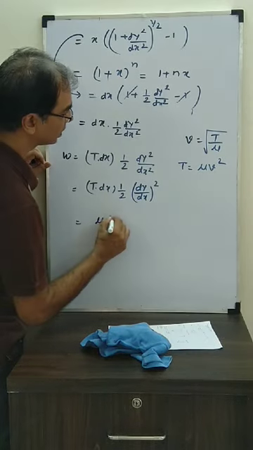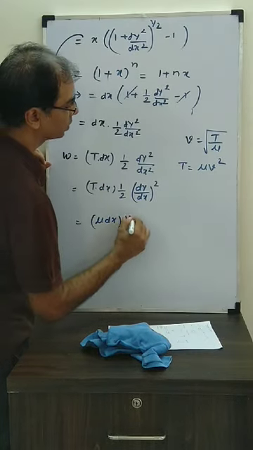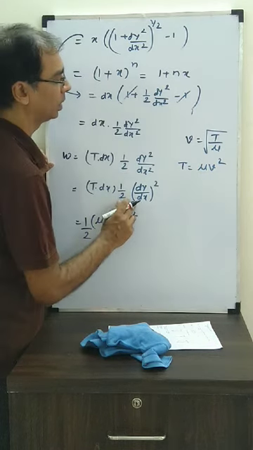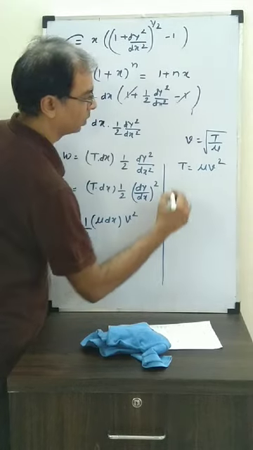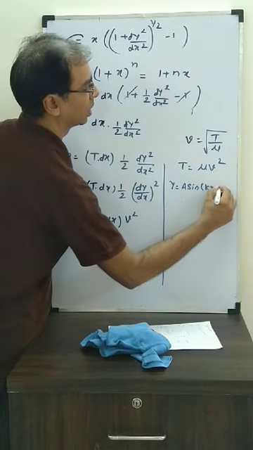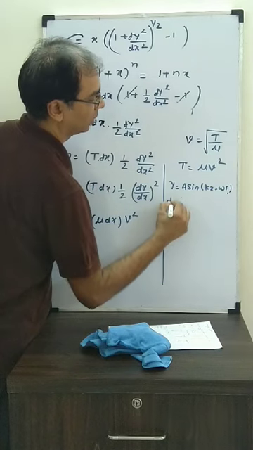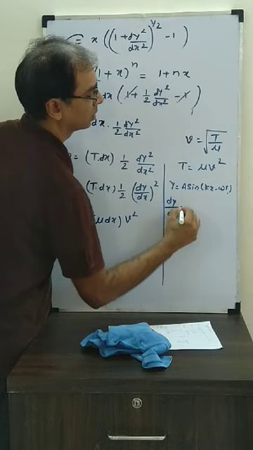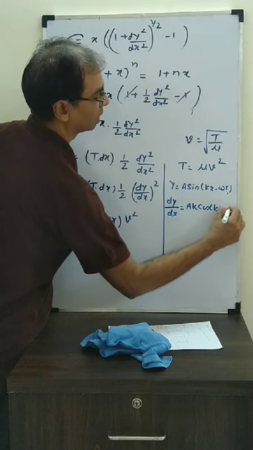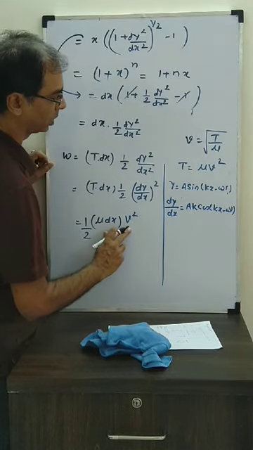This is mu dx into v square 1 by 2 dy by dx. Now I am writing dy by dx. What is dy by dx? We know that y is A sin of kx minus omega t. So dy by dx will be what? A k cos of kx minus omega t. Okay, we can put it over here.